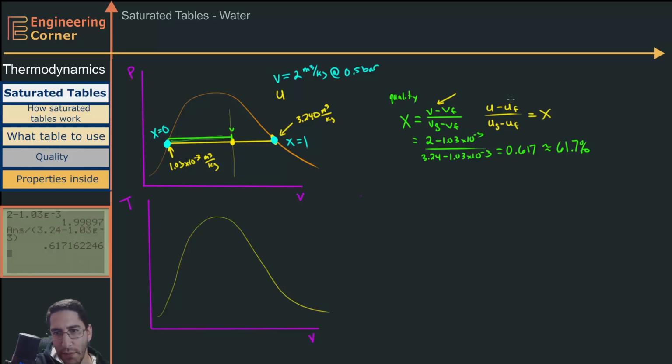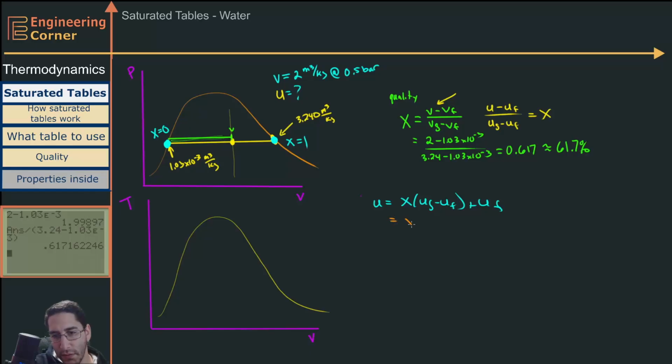But now let's say we wanted to figure out what U is equal to. And we know what our quality is equal to. So we can just rearrange this equation for U. What we'll get is that U is equal to X times UG minus UF, plus UF. We could also rearrange this a little bit.